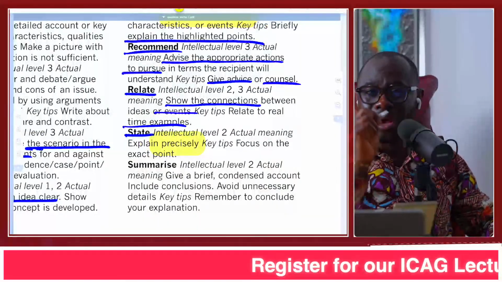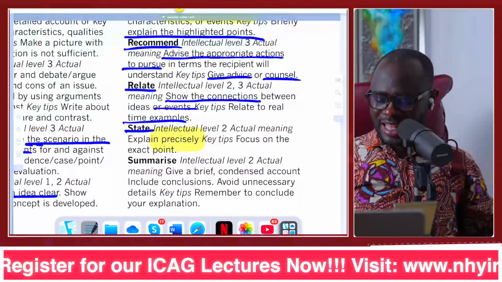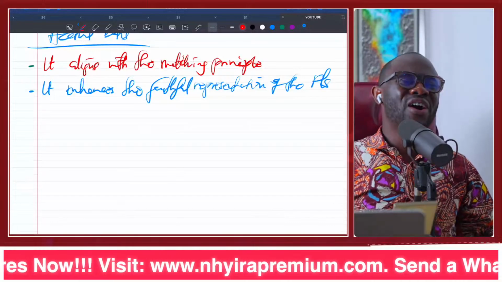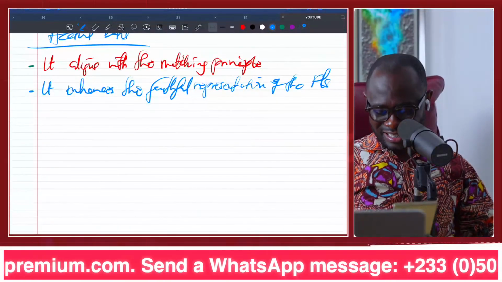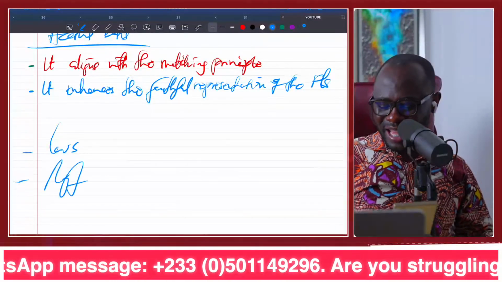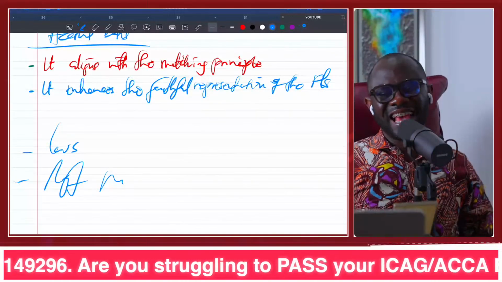So you explain precisely. So when you hear, state 2 factors that must be considered before we adopt an accounting standard, then you write the law. Then you write management judgment. Why? Oh, the question said you should state.